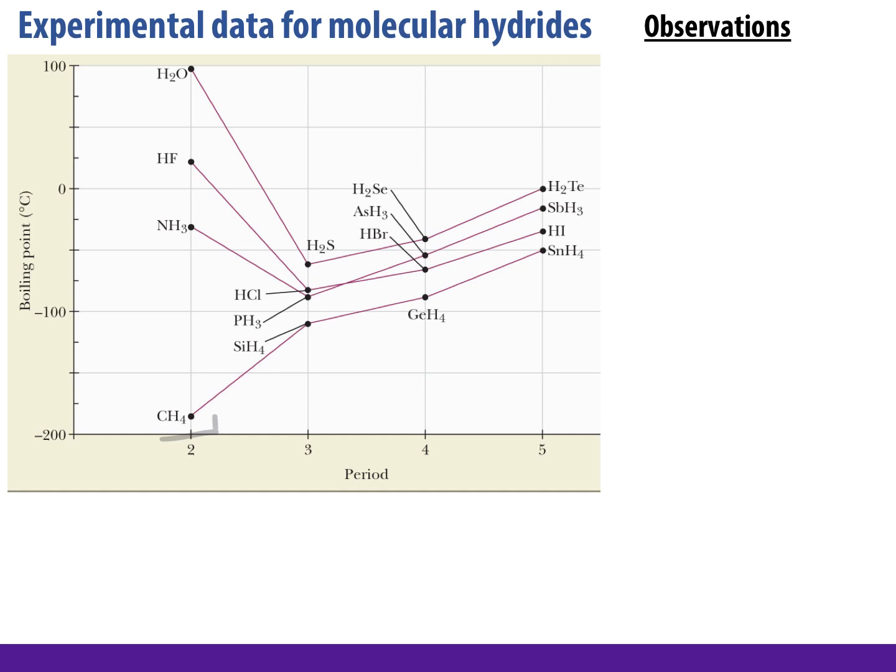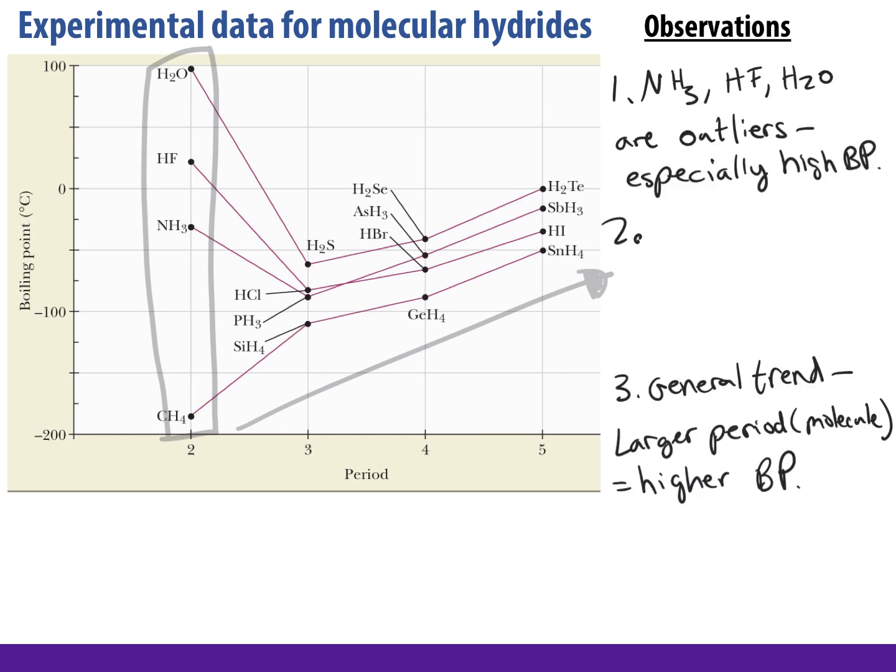If we look right here, this is an important part of the graph. Note that our normal trend as we go down the graph is an increase in boiling point. So that would be one observation. I'll put that one last. But note that these three molecules here, NH3, HF, and H2O, have particularly high boiling points. So that's one of our first key observations.